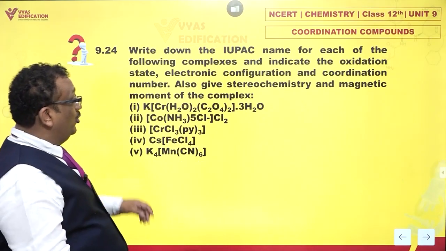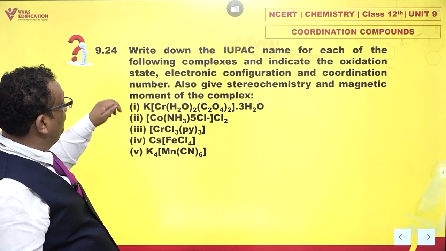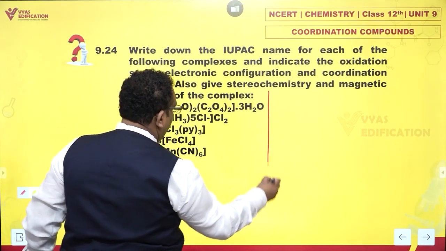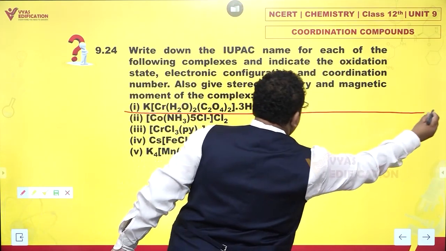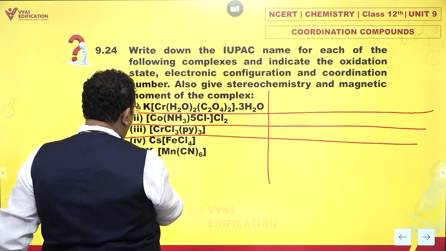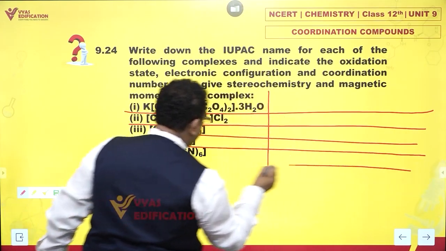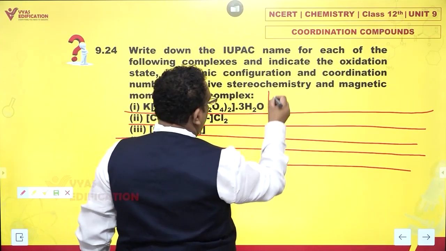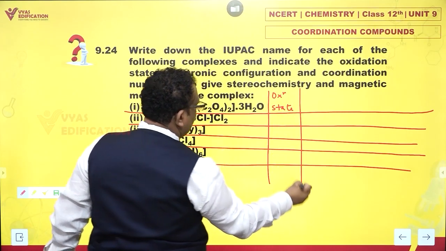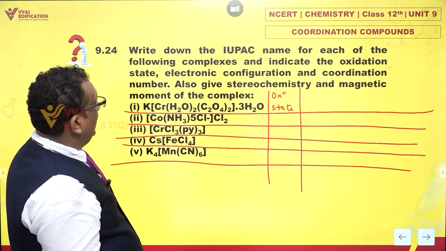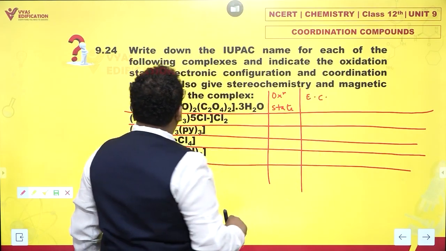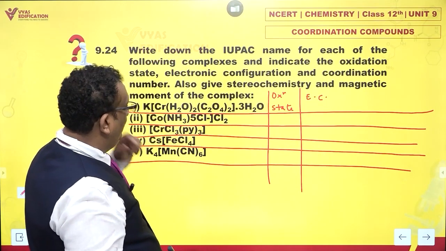And yes, there are other gory details also. They're asking you oxidation state, so let me make a small table in which I will write down all these details. That becomes very nice and pleasant. The oxidation state of the central atom, electronic configuration, coordination number, magnetic moment.